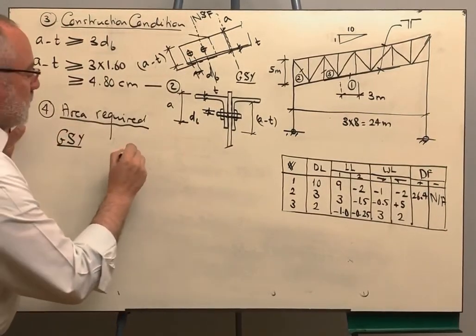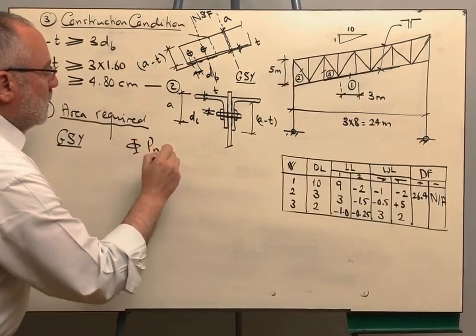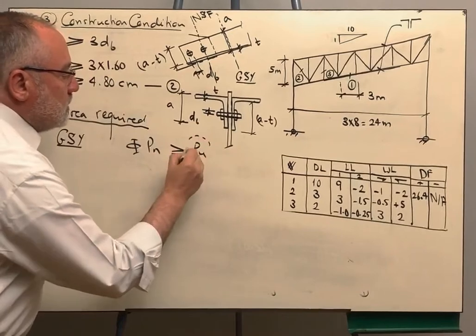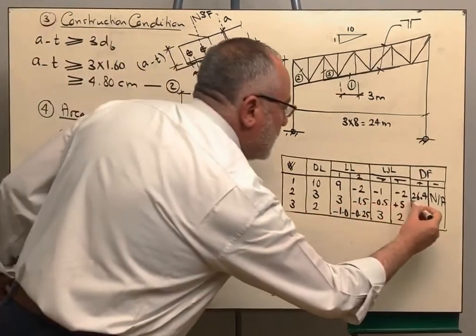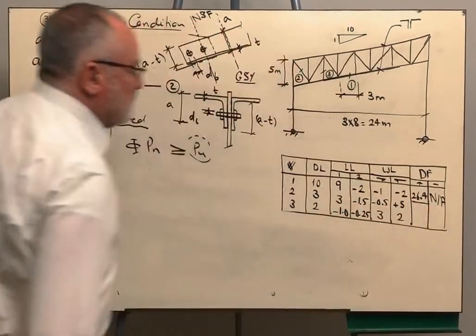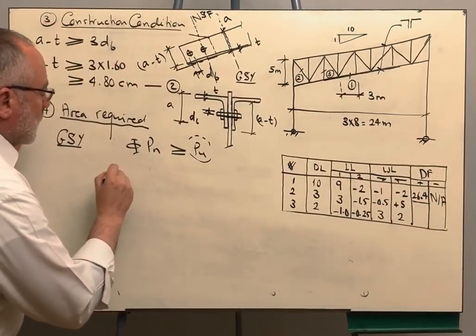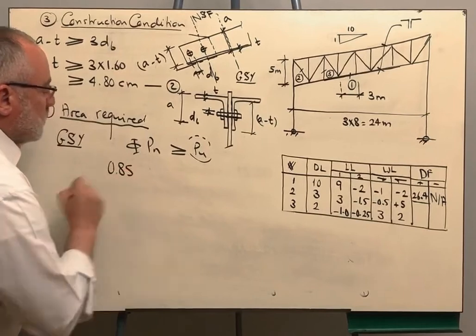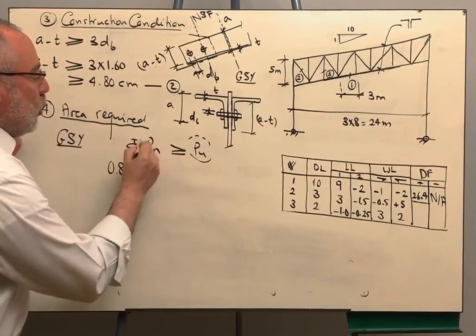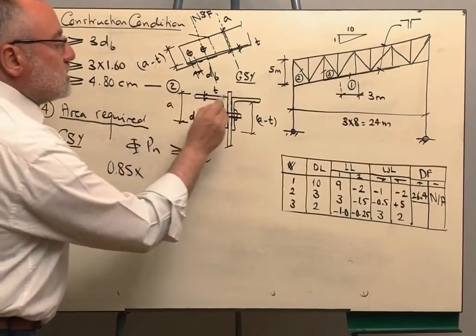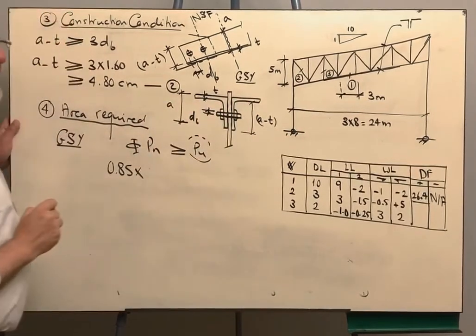So for the gross section yielding, we said that phi P nominal should be bigger than or equal to P ultimate. P ultimate is the design force that we calculated together, which is 26.4. And phi is 0.85 in case of the gross section yielding, and P nominal is based on the cross-sectional area of the member. The cross-sectional area is composed of 2 angles.